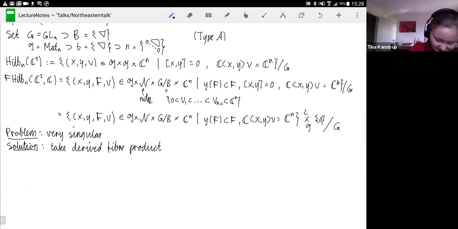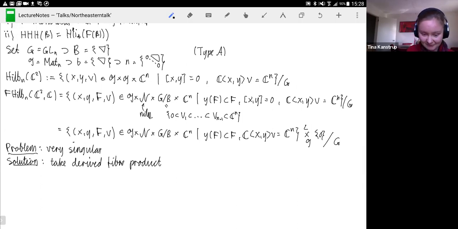Okay, so very quickly, what's the derived fiber product? This is taking us into the DG world. I'm going to do the special case where I have a vector space.